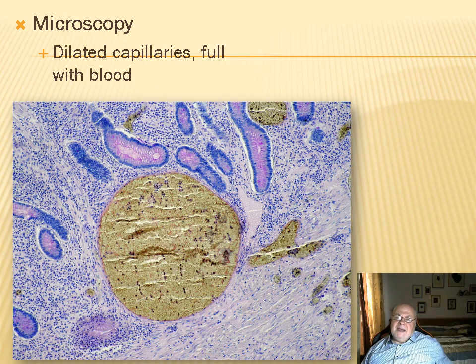Microscopically, the same as in the case of hyperemia, the active hyperemia or congestion, we have the same thing, meaning capillary dilatation full with blood. Because it's impossible at microscopic level to make any difference between stasis and congestion, the English literature doesn't make the separation. Because at microscopic level, it's absolutely the same.